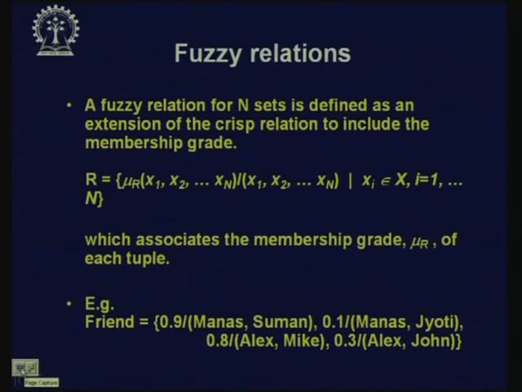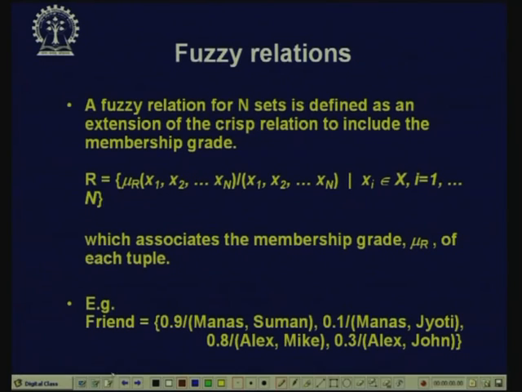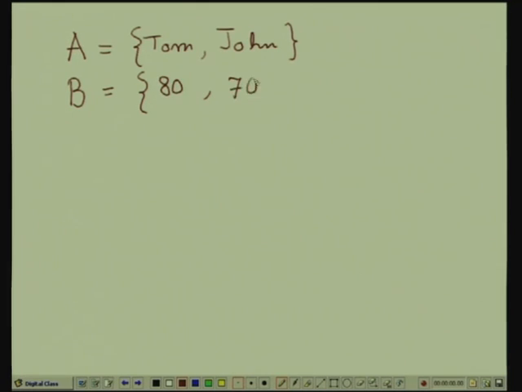relation, what is a relation? We know that if we have a crisp set A, in which we have, say, Tom and John, and in the set B we have, say, marks like 80 and 70, all right.